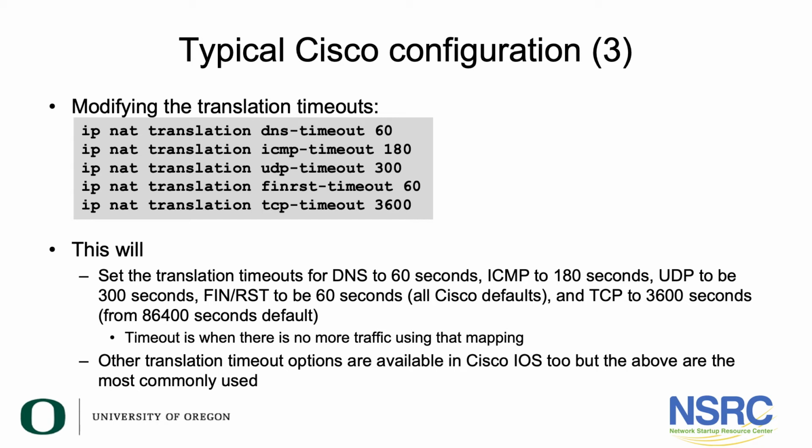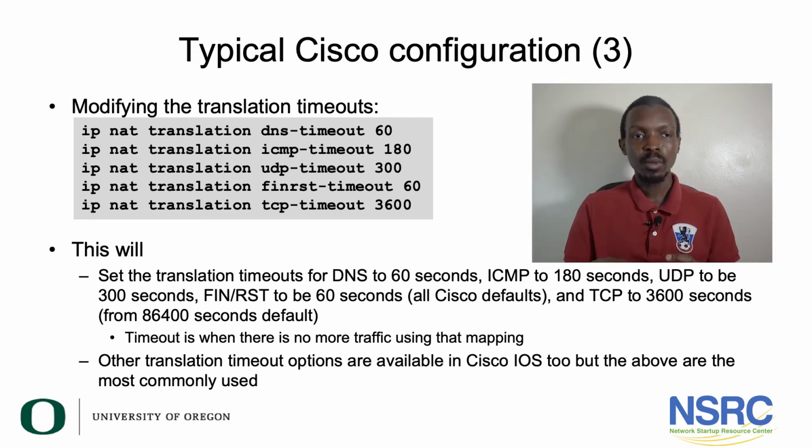But the TCP timeout, we've dropped from 24 hours to just 1 hour, 3600 seconds. All of these timeouts are in seconds. The timeout means if there is no traffic for that amount of time, then IOS will remove that translation entry, so that source and destination port becomes available.